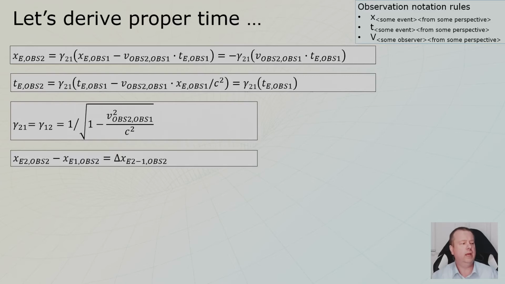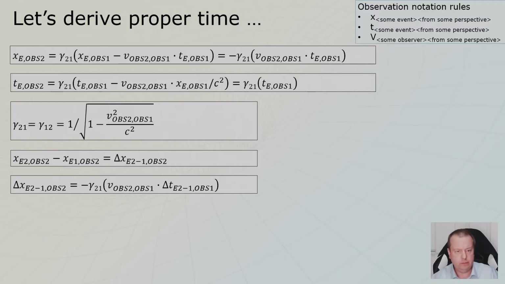And now let's look at the delta between two events through the eyes of observer 2, which will be the delta x between events number 2 and 1, through the eyes of observer 2.